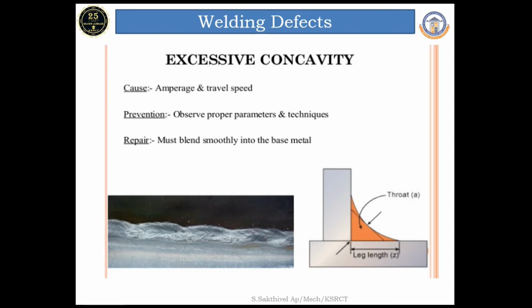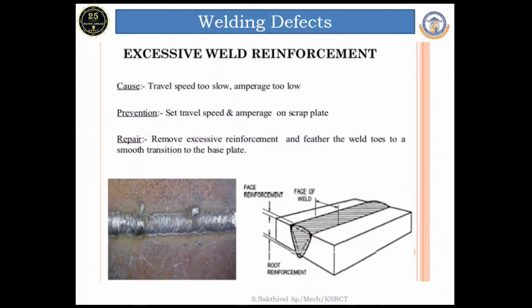Then excessive convex: similarly, it is caused by the amperage and travel speed. Prevention: observe proper parameters and techniques. Repair: it must blend smoothly into the base metal.